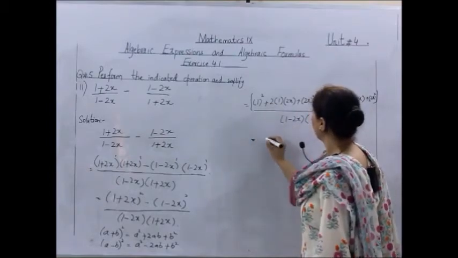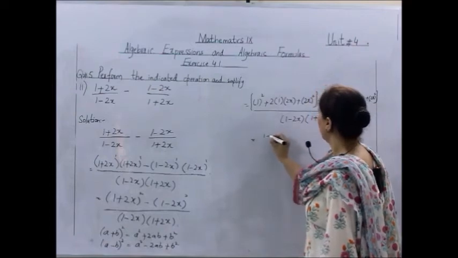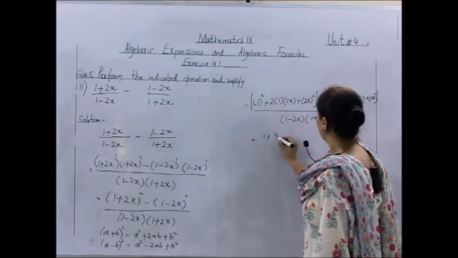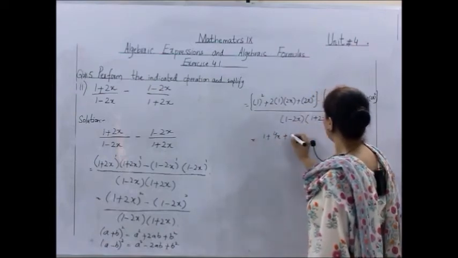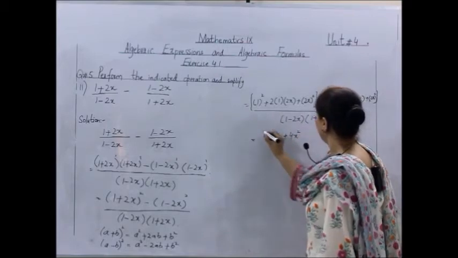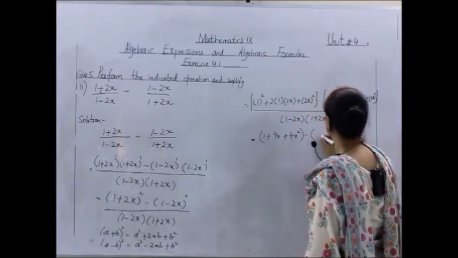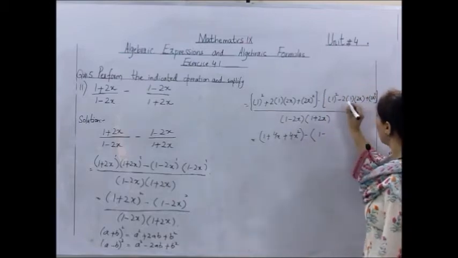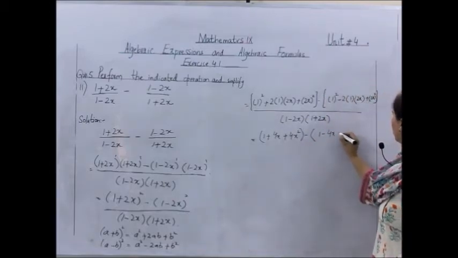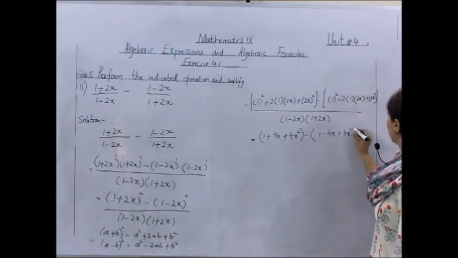Okay. 1 square means 1, 2 2s are 4x, plus 2x whole square which is 4x square. 1 minus 2 2s are 4x plus 4x square.